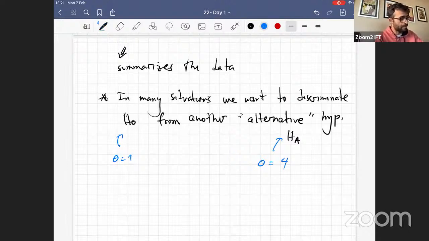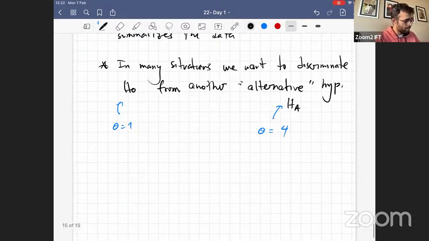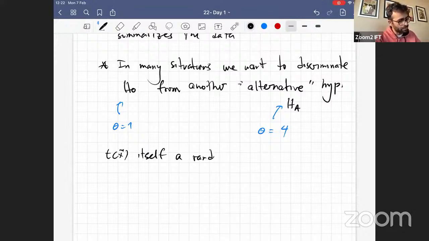Then the next thing is that if your test statistic is a function of the data, then it is itself a random variable, no? Because data is random, you don't know what you're going to measure, so a function of your measurements is also a random variable, no?